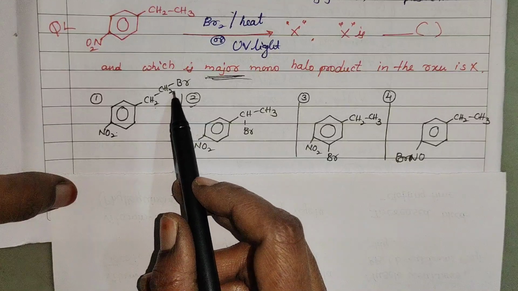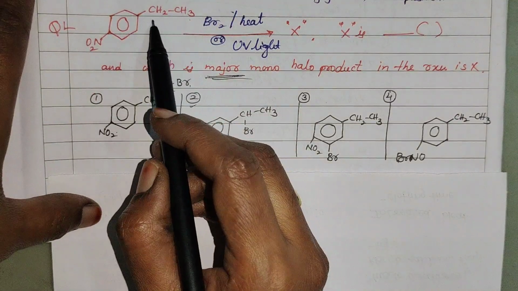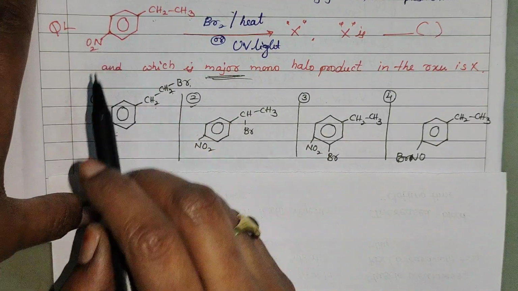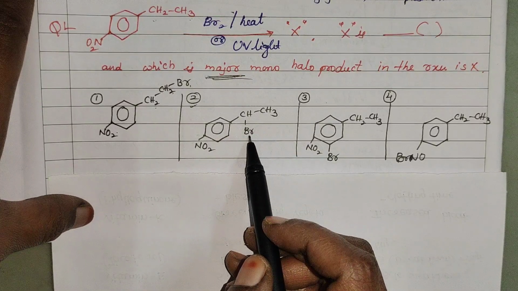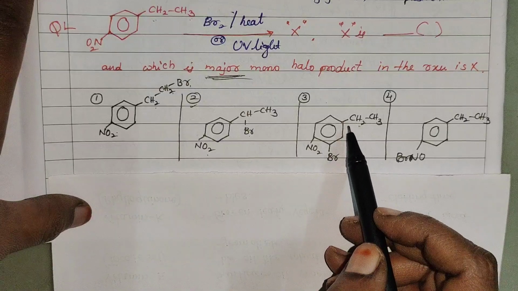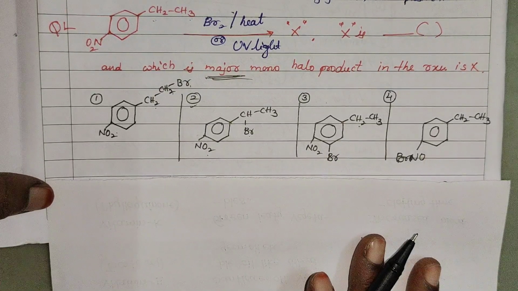Halogenation occurs, but where? On the CH3 group, on the CH2 group, or in the ortho or meta position. The second option has CH3 and Br, with NO2 given. Here CH2CH3 at the second position, Br given. Which is the correct option?